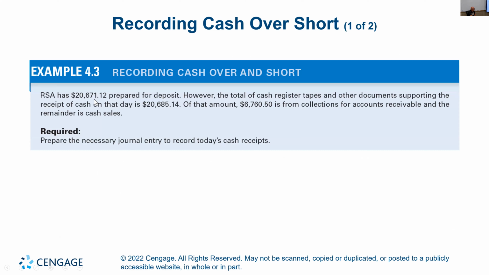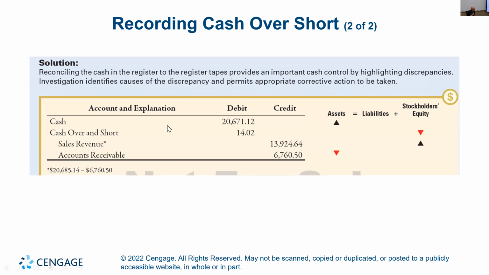Here it's saying that the deposit should have been 20,671, but it was 20,685. We'll let you look through here. Here they had cash. You had to calculate the sales revenue because of what was given, but you see that it doesn't match.